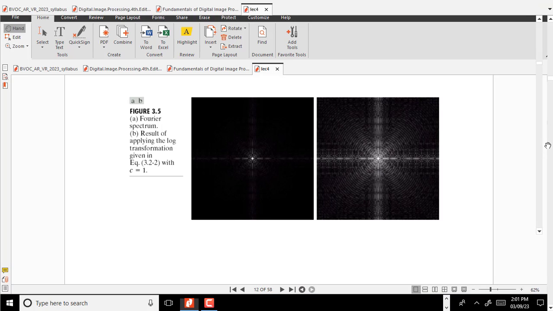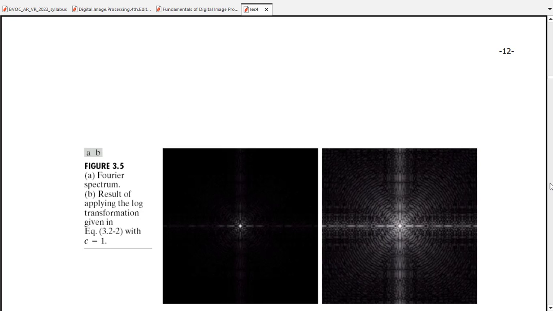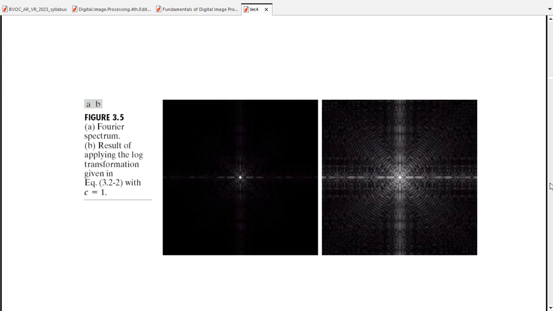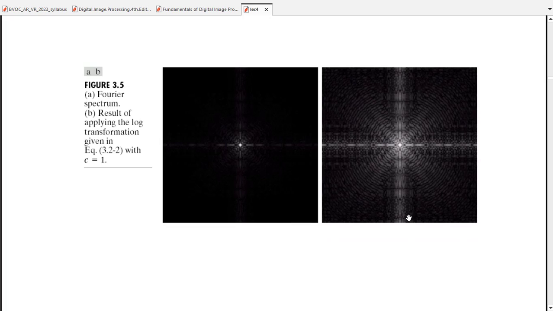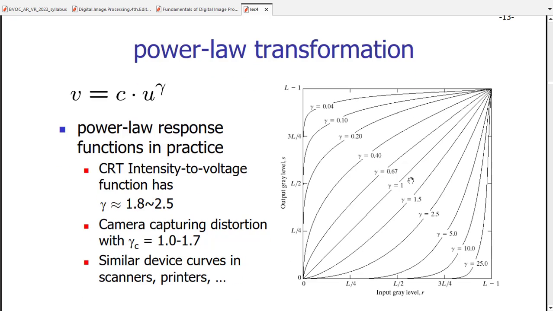For example, here this is the function value depending on that particular Fourier transformation, the result of applying the log transformation with c equal to 1. Another one is the power law transformation.